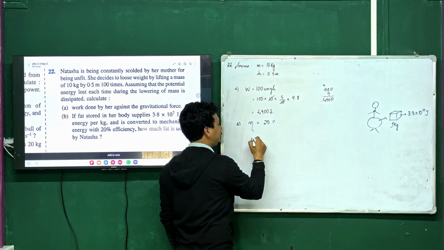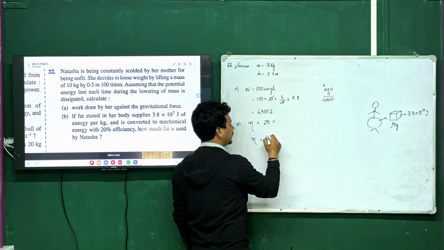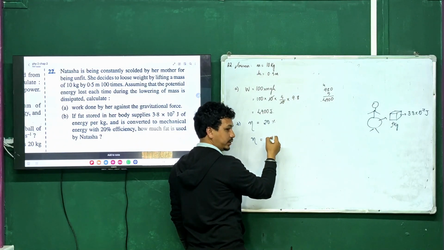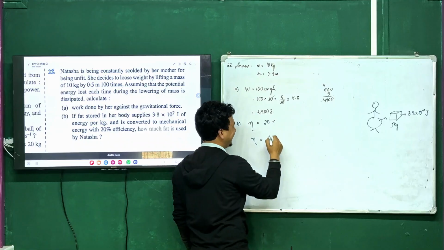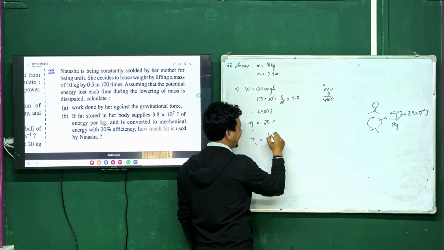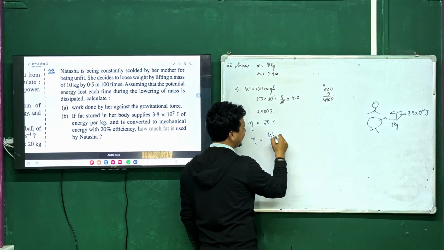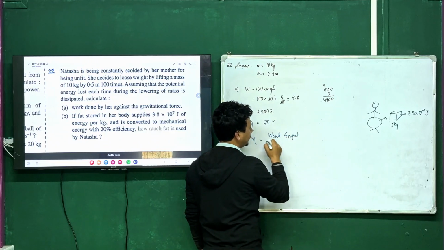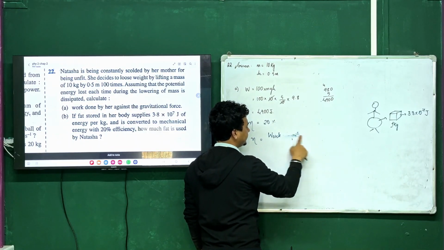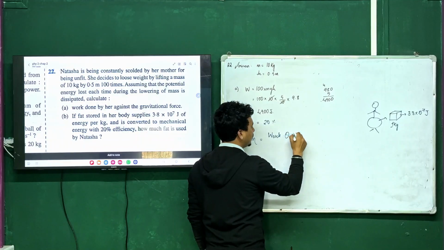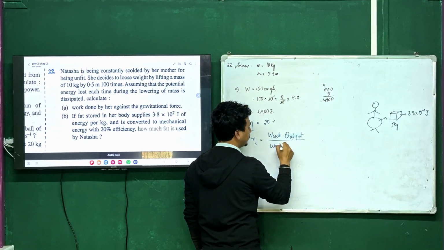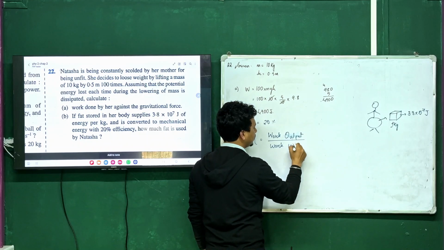Now, what is the formula of efficiency? Input and output. What input? What output? You give me a hint. Okay, it's output by input. Work output upon work input.